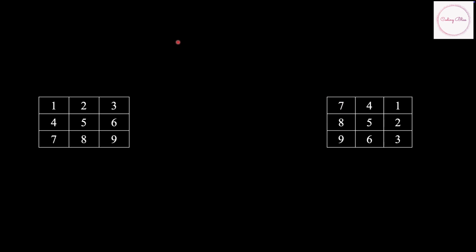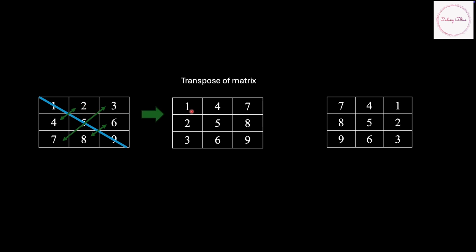Now here is the intuition. Take the diagonal of the matrix, and when we do a transpose of this matrix, it will actually get us into this state. You will get a transpose of the matrix and it will come to this way.